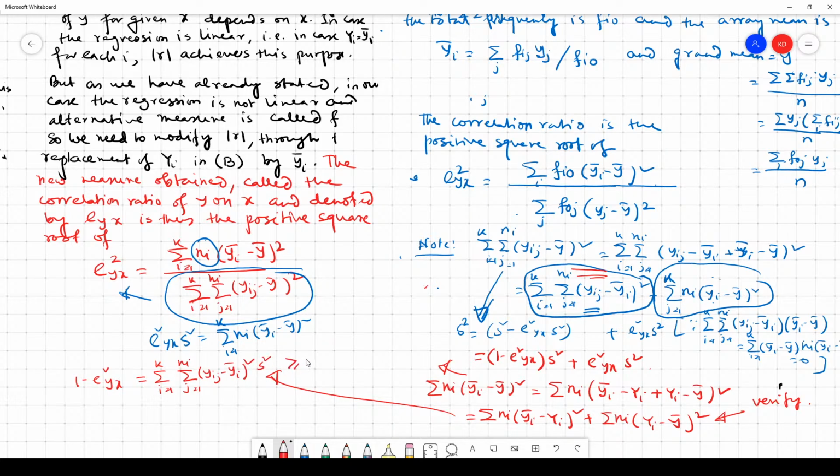So this should be greater than or equal to 0. This implies e square yx should be less than or equal to 1. This is the upper boundary of the correlation ratio.